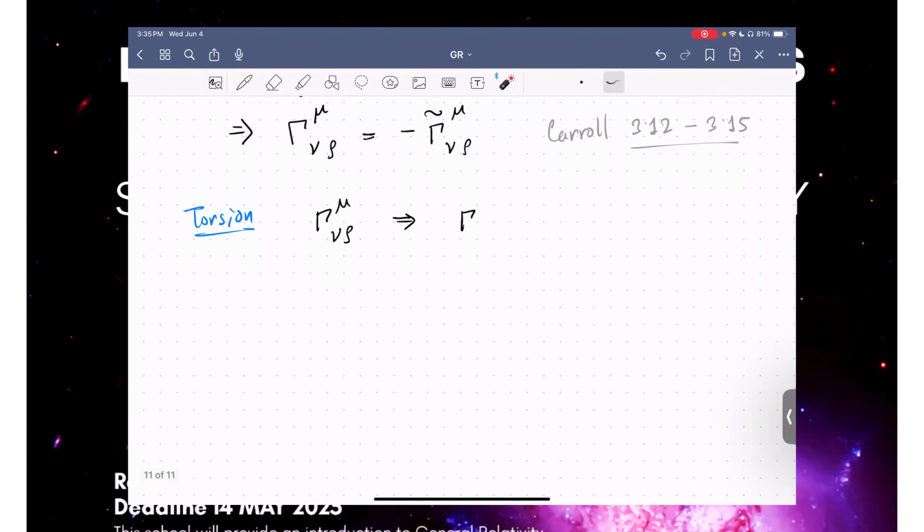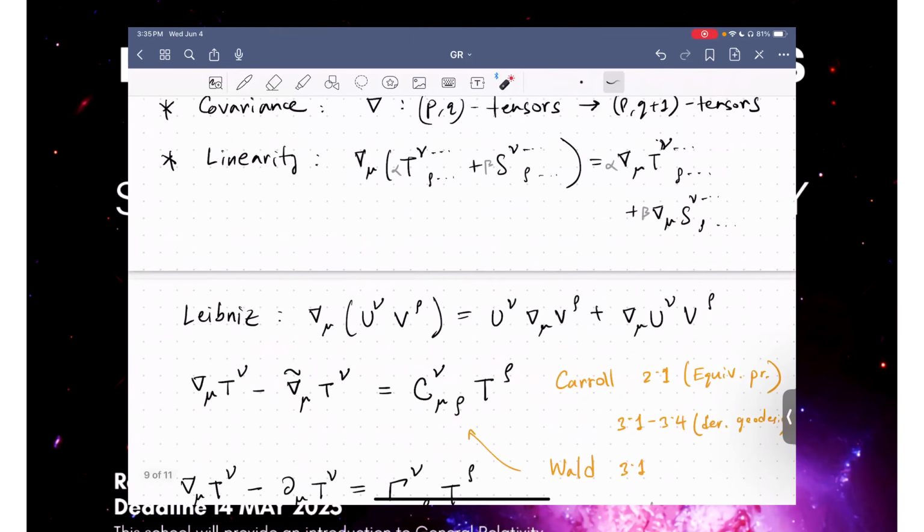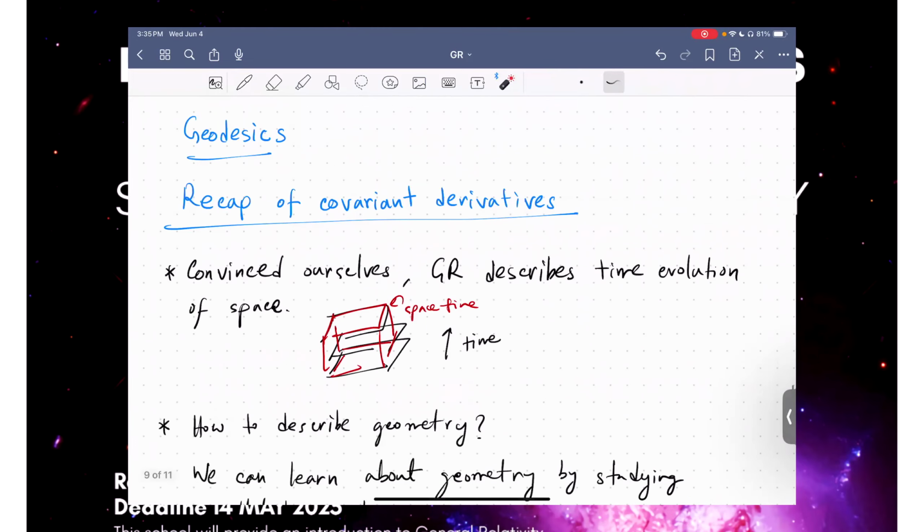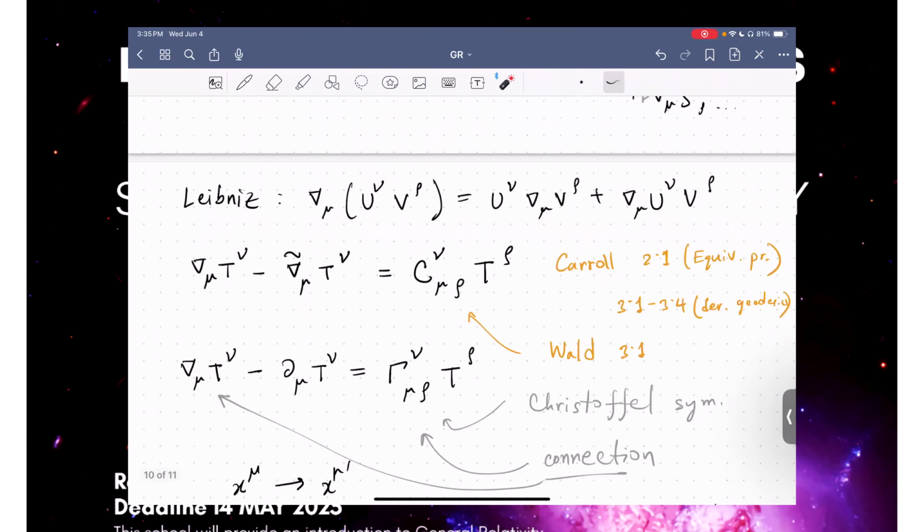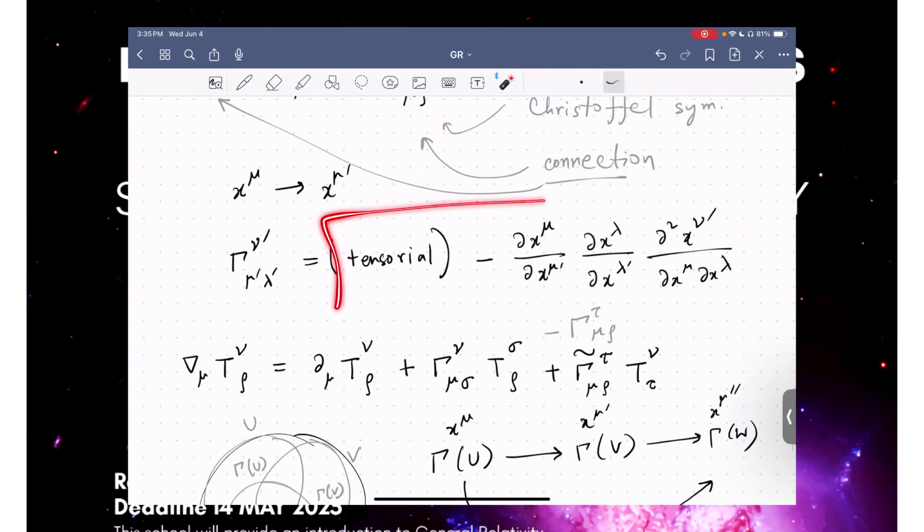But the observation is this: if this is a Christoffel symbol, then so is this with the indices reversed. And why do I say that? I say that because the Christoffel symbol is defined by basically its coordinate transformation. Maybe I do need to write down what this part is.